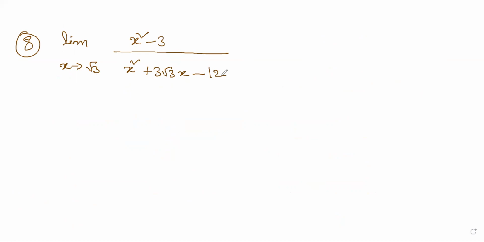See, if I substitute root 3, the numerator is 0 and the denominator is also 0. So here we need to factorize further. So we'll write limit x tends to root 3, x square minus 3, let us leave it as it is. Let us see in the denominator how to factorize.